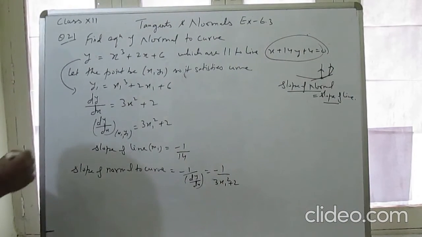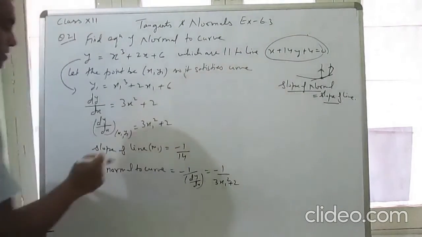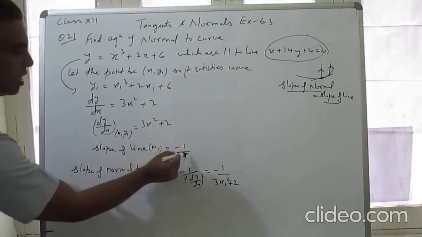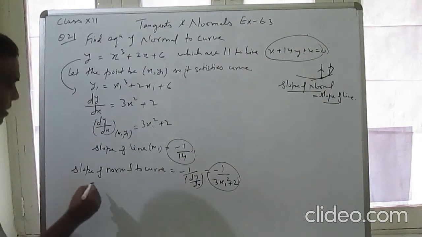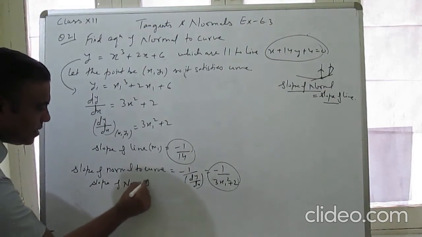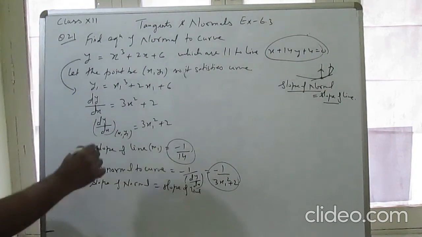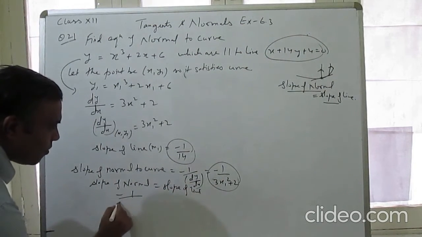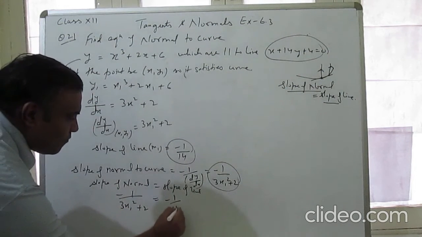Now this is the condition: the slope of the normal is equal to the slope of the line. Equate these both, 1 and 2. So minus 1 upon 3x1 square plus 2 is equal to minus 1 upon 14.